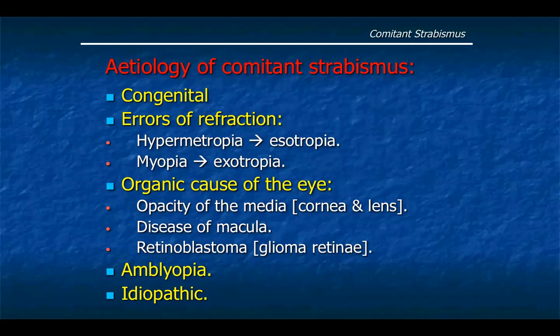Or if there is no cause detected, it's just idiopathic, for no reason. The patient developed the strabismus with no apparent cause. So to summarize, causes of comitant strabismus are congenital, uncorrected errors of refraction, an organic cause of the eye, amblyopia, or idiopathic.